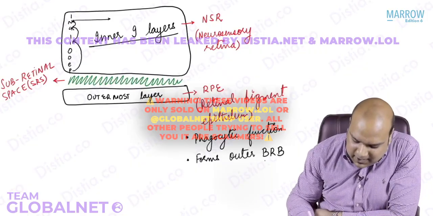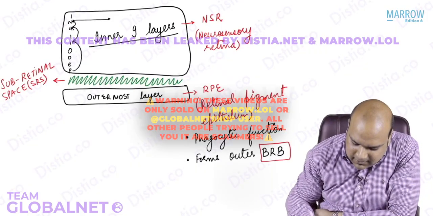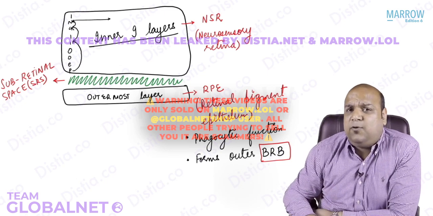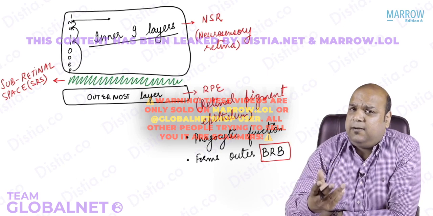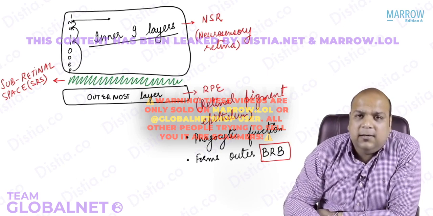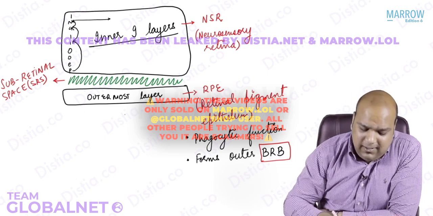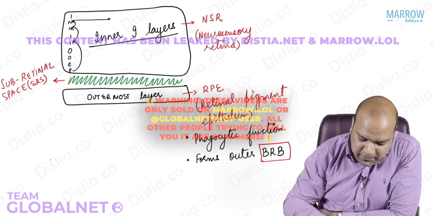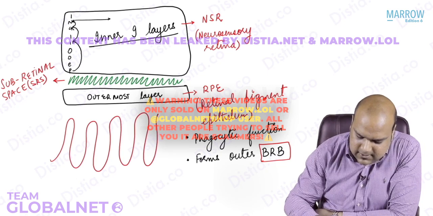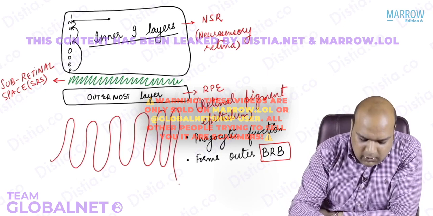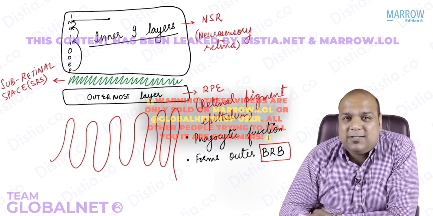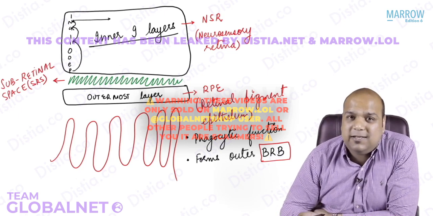Now let us get back to this word, blood retinal barrier. Now, we say that the pigment epithelium is forming the outer blood retinal barrier. What do we mean by this? See, below the outermost layer, what is there, everybody? Choroid. Outermost layer touches the choroid. Choroid has large blood vessels. Yes? We know that blood vessels can keep on doing transudation, exudation, inflammatory, vasodilation with leakage of cells, proteins, everything.